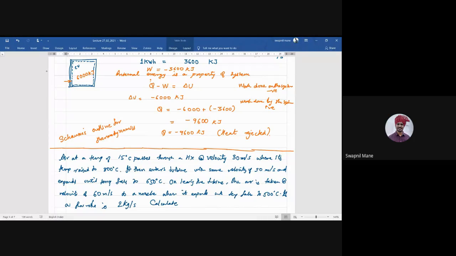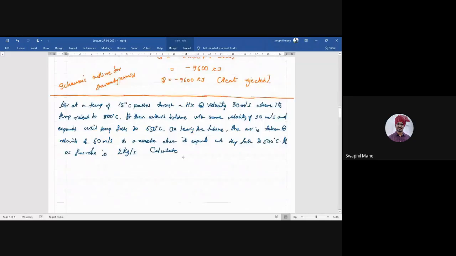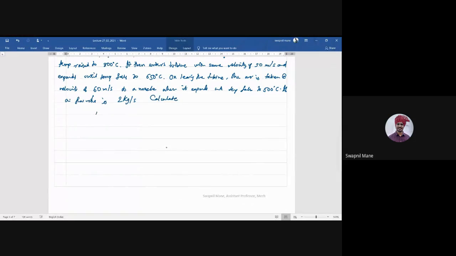Calculate the rate of heat transfer to the air in the heat exchanger, the power output of the turbine, okay, assume no heat loss.